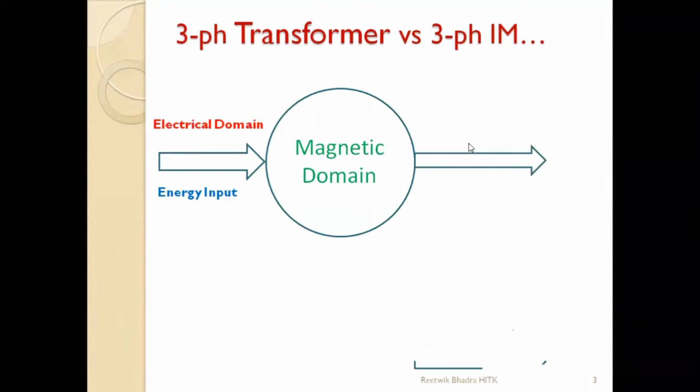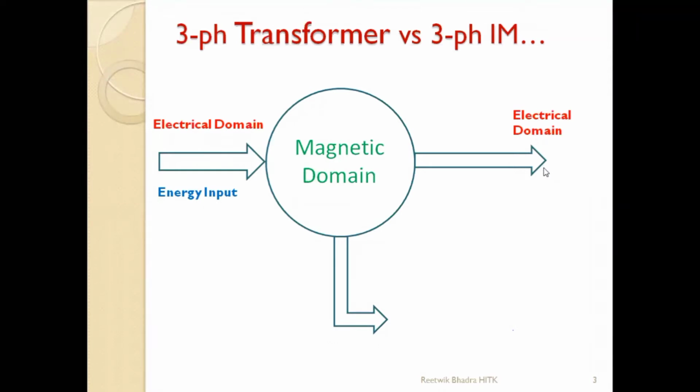Now we can have two outputs from this magnetic domain. One output is of the transformer, because in a transformer it is electrical energy. One output will be mechanical energy. The top one I have given for the transformer, so we are getting the output in the electrical domain. This is my energy output. And in the one below I have given the mechanical domain. That is my energy output.